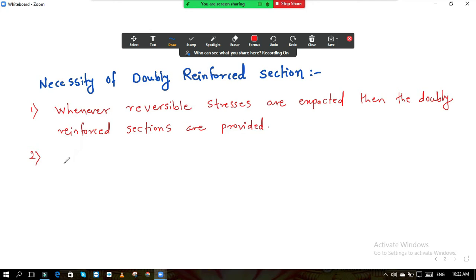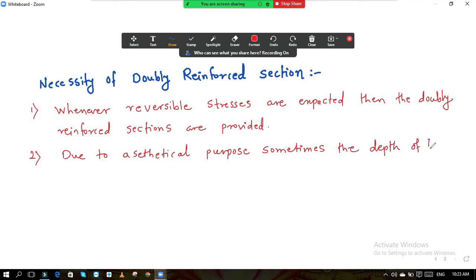Now the second thing is that due to aesthetical purpose, sometimes the depth of the beam is restricted.